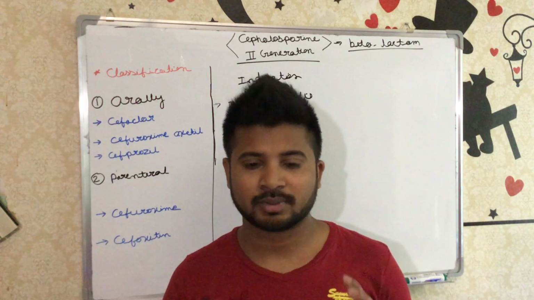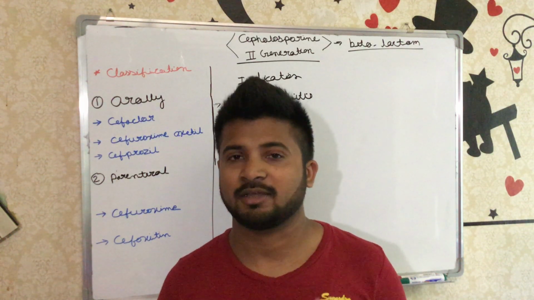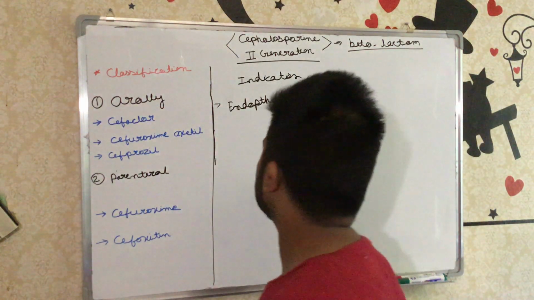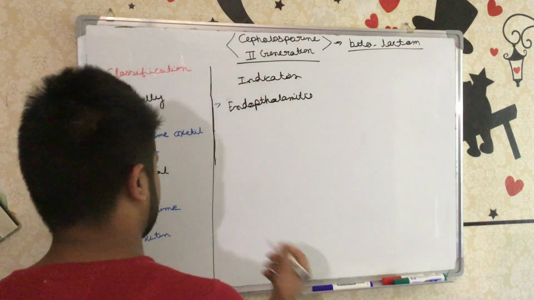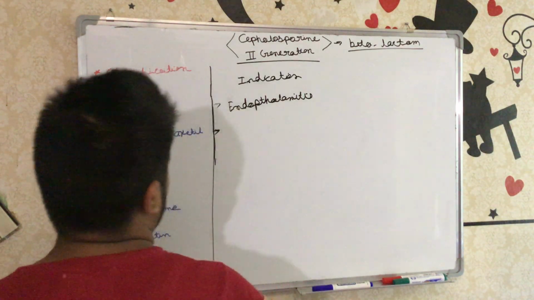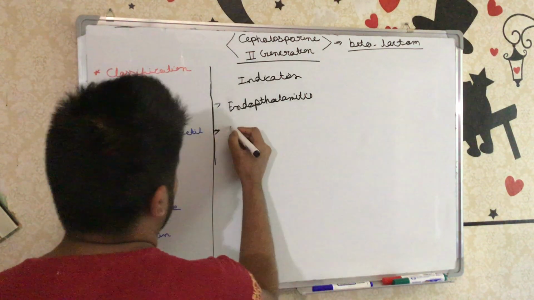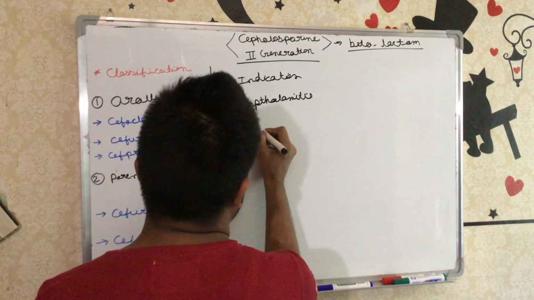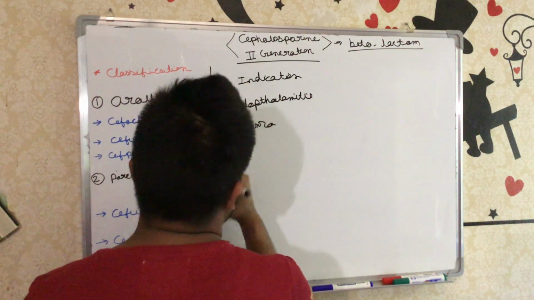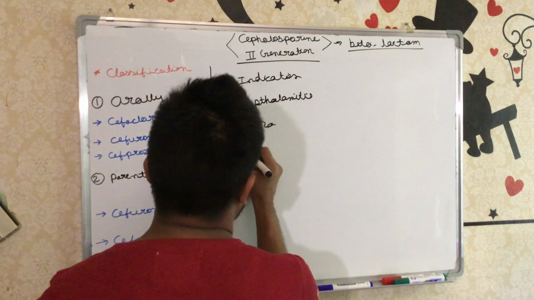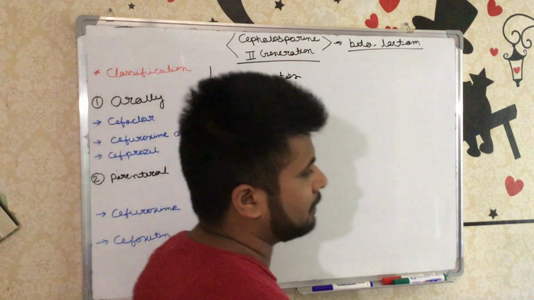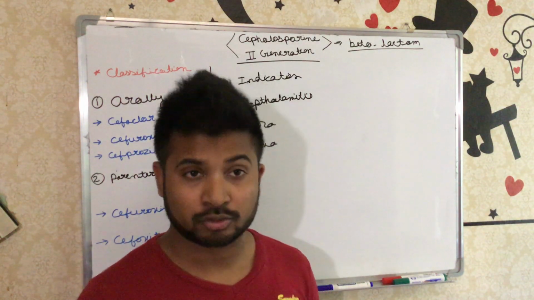The chance of this problem can be very low if we use a second-generation cephalosporin. These are the main indications. After that, infections due to Haemophilus influenzae, then pneumonia, because among gram-negative bacteria Klebsiella pneumoniae can also be sensitive.